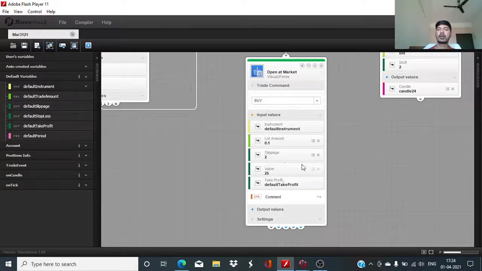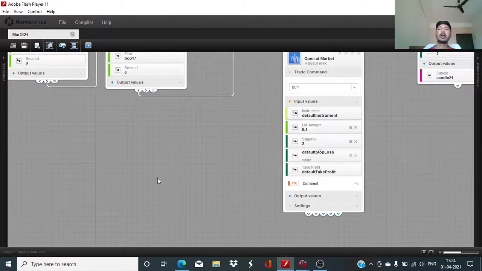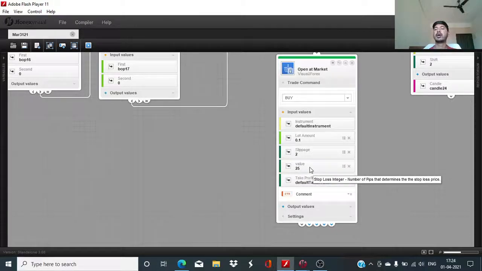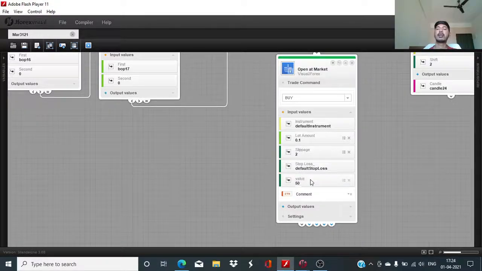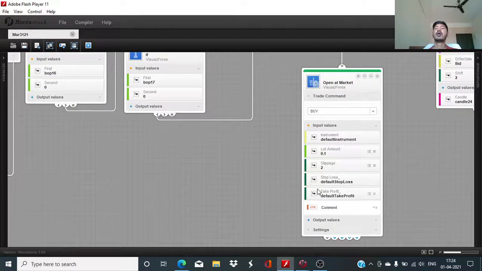Now the question of stop loss and take profit. We will deal with these two parameters in next session, whether to keep it static with fixed values in a predefined ratio of say for example 1 is to 2, just as the case is currently, where the stop loss is of 25 pips and take profit is of 50 pips, giving us the risk reward ratio of 1 is to 2.